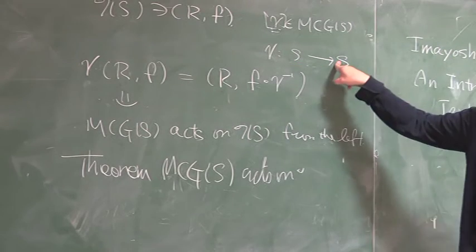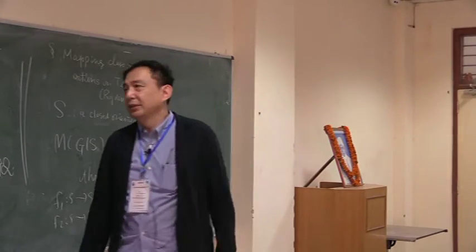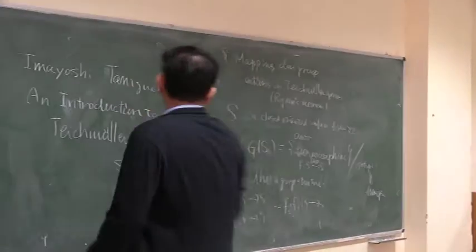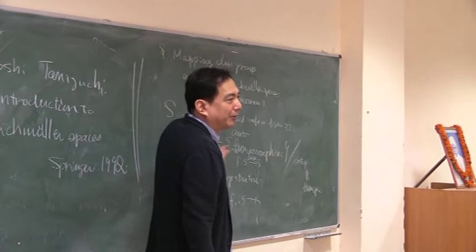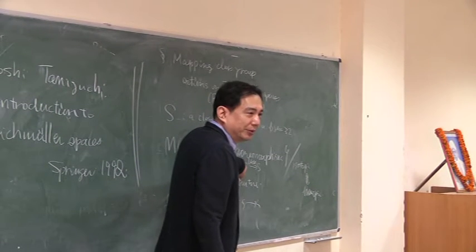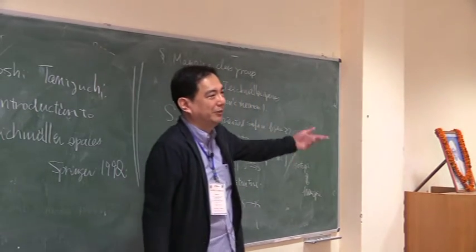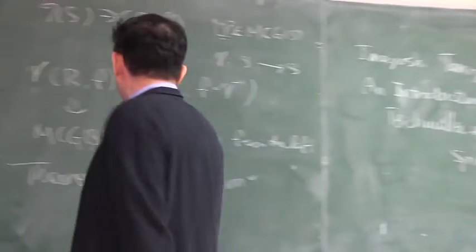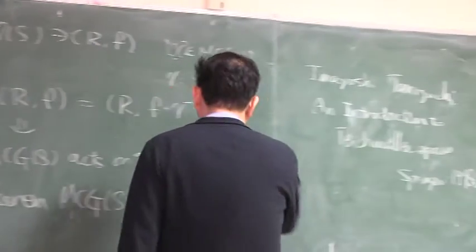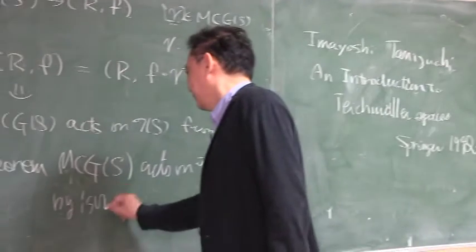Gamma is a homeomorphism, so it's bijective, and its inverse is also a homeomorphism. Gamma was an element of the mapping class group, so each element of the mapping class group is represented by a homeomorphism from S to S. So it has an inverse, and the inverse is also a homeomorphism. So the mapping class group acts on Teichmüller space by isometries.